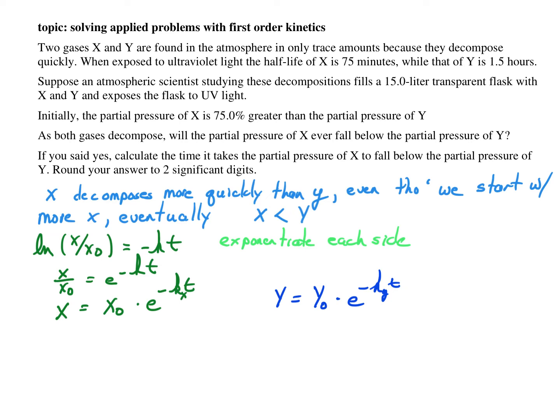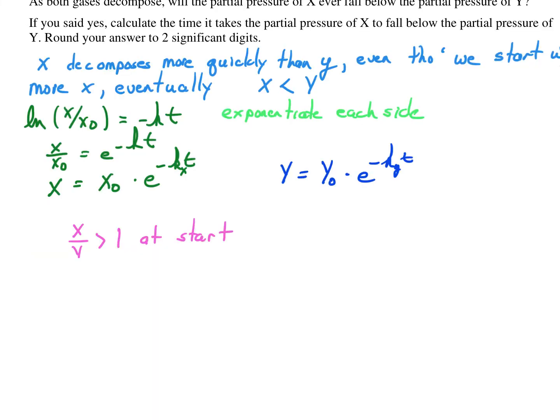So we have expressions that relate the amount of x and y that are left at any given time later. The ratio of x to y is going to be greater than 1 at the start, since we're starting with more x than y. But x decomposes more quickly, so this ratio begins to decrease.